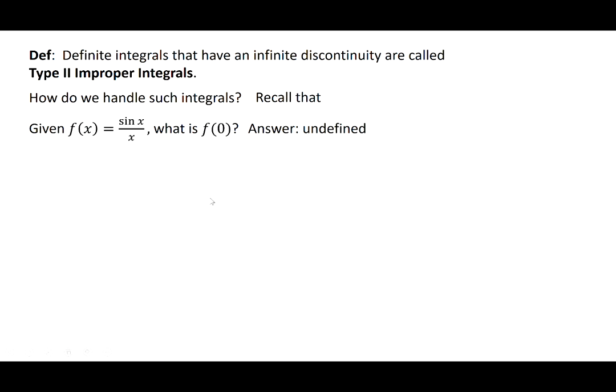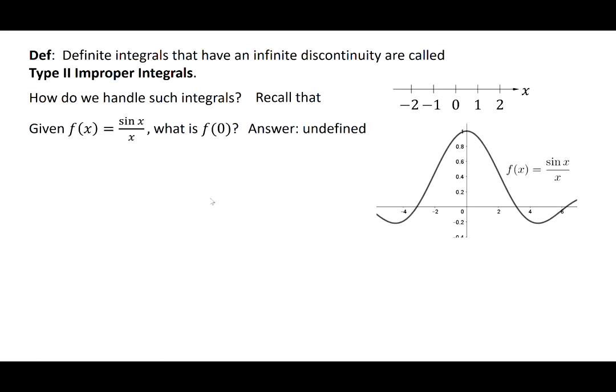Now, did we just give up and say, yep, that's undefined, so forget about it? No, we said, wait a minute. We know f of 0 is undefined, but what happens if we don't let x equal 0, but we simply let x approach 0?